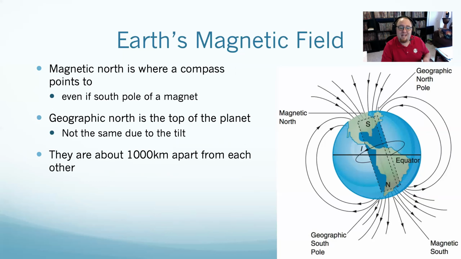The compass's magnetic north is about 1,000 kilometers from geographic north. So here's my very confusing sentence. The top of the planet is the geographic North Pole. About 1,000 kilometers away is the magnetic North Pole, which is the South Pole of a magnet. Because even though it's the South Pole of a magnet, we still call it magnetic north because we suck as a society.